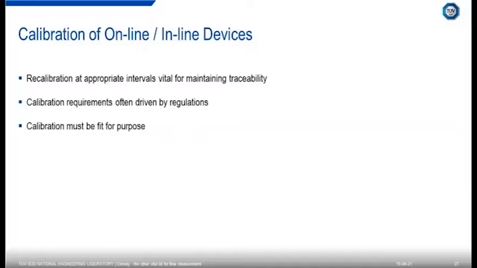So if you are required to calibrate your flow instrumentation regularly, then recalibration of the density measurement system will also be required. And that is a vital part of maintaining your traceability. Calibration is often driven by regulations, and the other key point is that calibration must be fit for purpose.